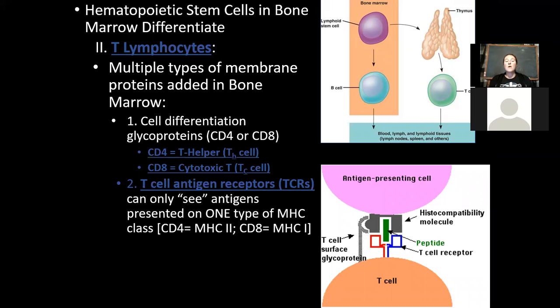Okay. The T cells also have T cell antigen receptors, which we can abbreviate as TCRs, T cell receptors. These T cell receptors are responsible for actually seeing the antigens, right?